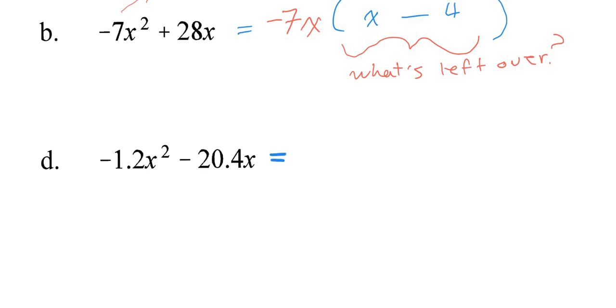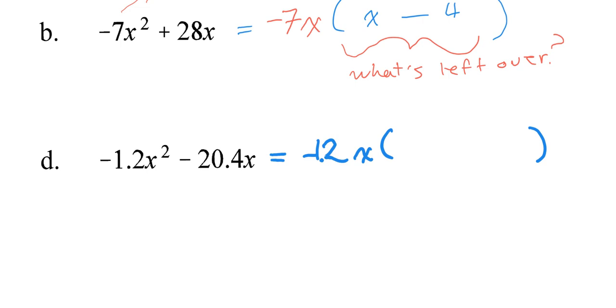Now, we are pulling off negative 1.2. We've pulled it off, right? And you know what? I think what I'll do is I'll fix that. So negative 1.2, I pulled it off, and I'm pulling off an x. So what is going to go in the bracket?